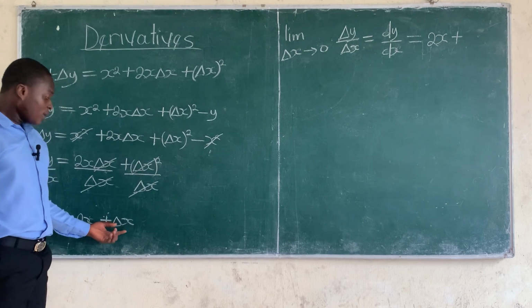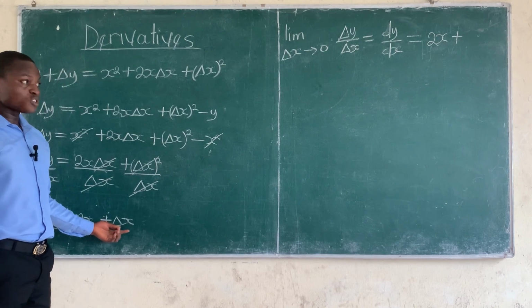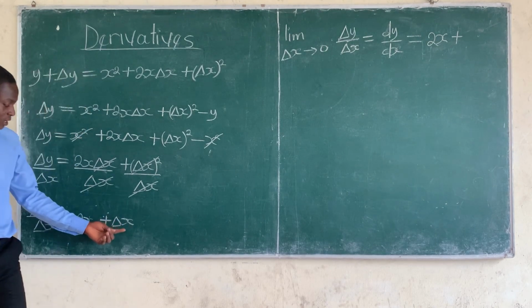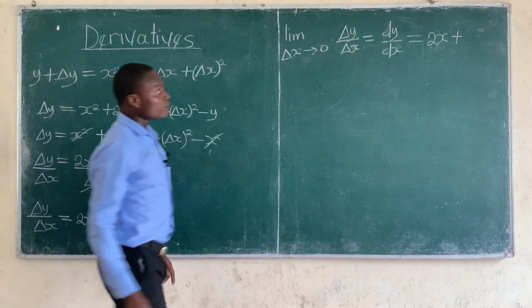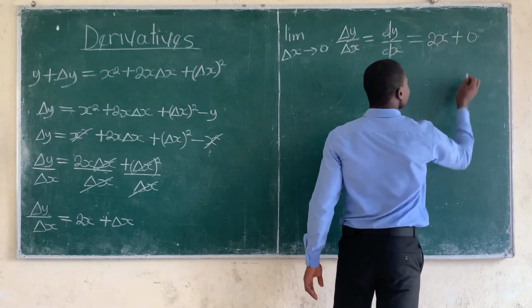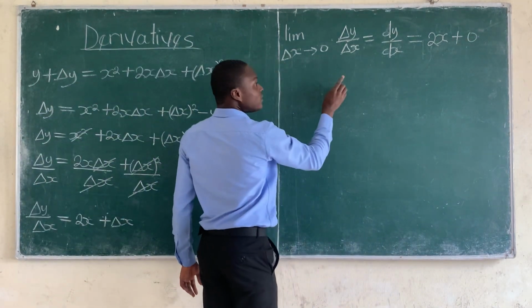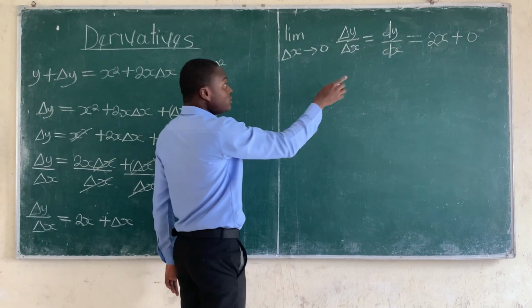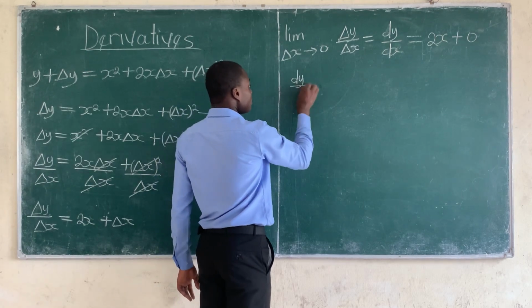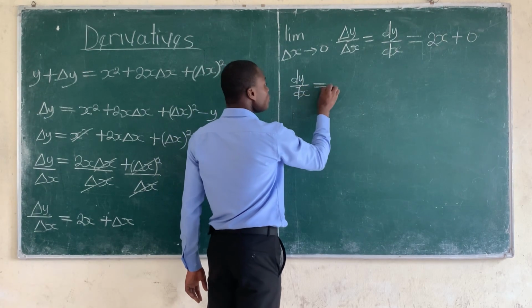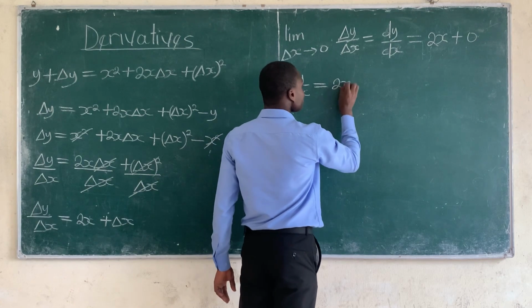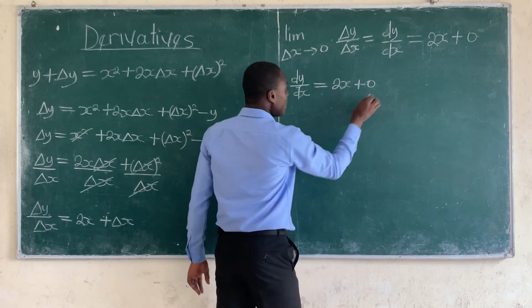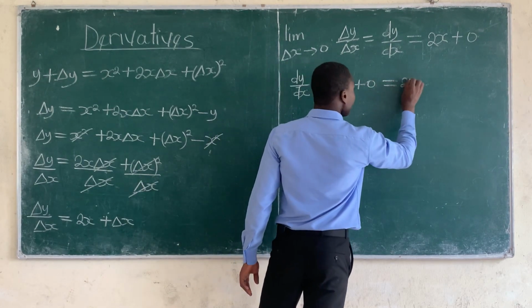Now, in place of increase in x, we are going to substitute 0. Anywhere we see increase in x, we put 0. So we have plus 0 here. So dy dx is equal to 2x plus 0, and this is equal to 2x.